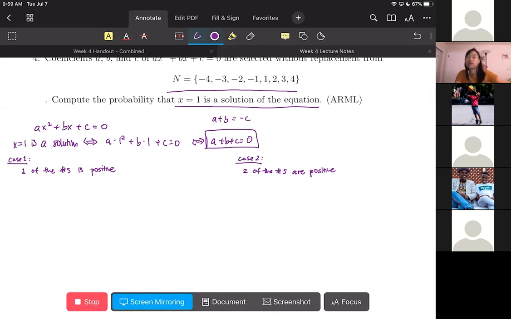How many ways are there to pick it such that their sum is 0? You can pick any 3 numbers from the set which, when you add them, get 0. Well, if we had -2 as our c and 2 of them are positive.